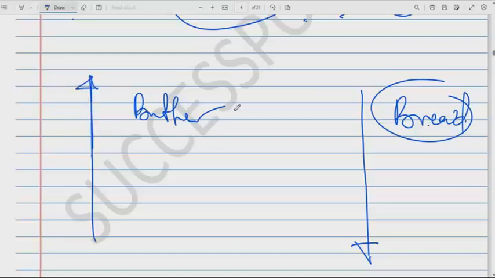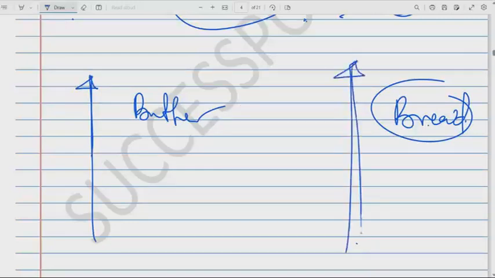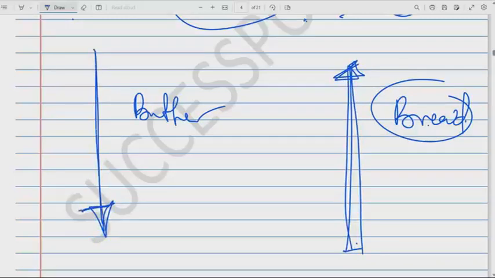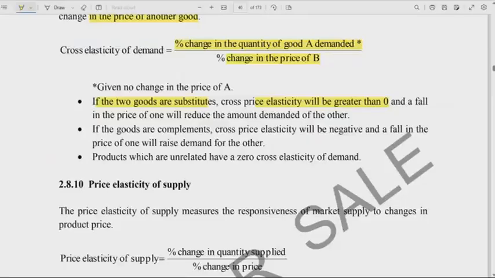If the opposite, if the bread price rises, butter's demand will drop. So you can see that they're going in different directions. Because they're going in different directions, all the time you will have a negative answer. That means it's less than zero. Those are basically for complements.